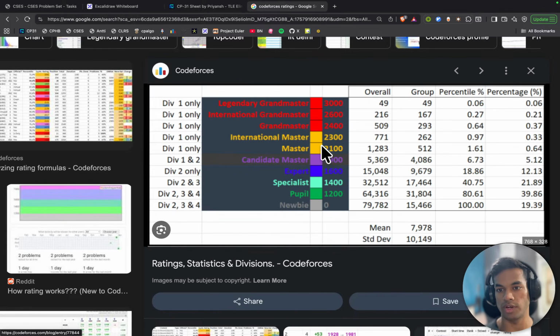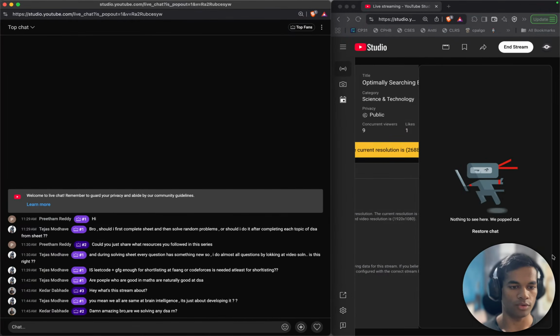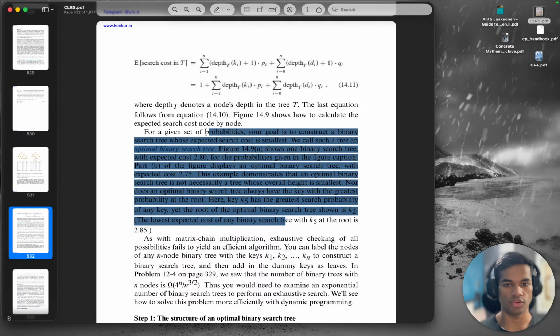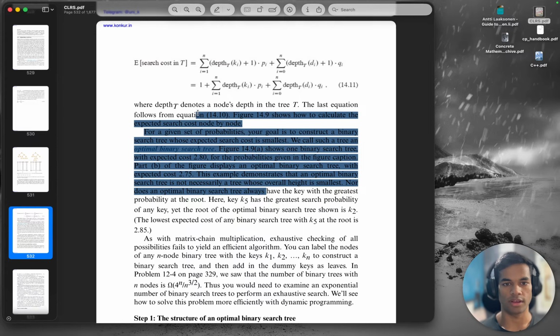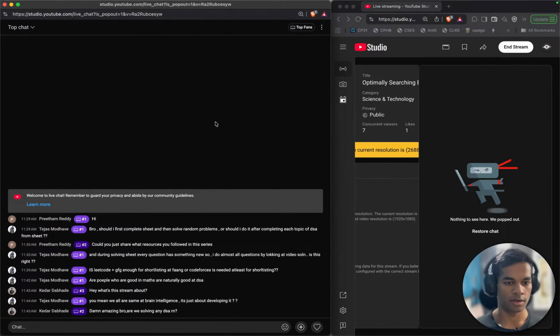If you have a rating of 2100, you are in the top 1.61 percentile. And I will show you that you can reach it just by sheer hard work, plus smart work, and being consistent. It is not about being born smart or brain intelligence. It is just about developing it. Yes, that is what my belief is.